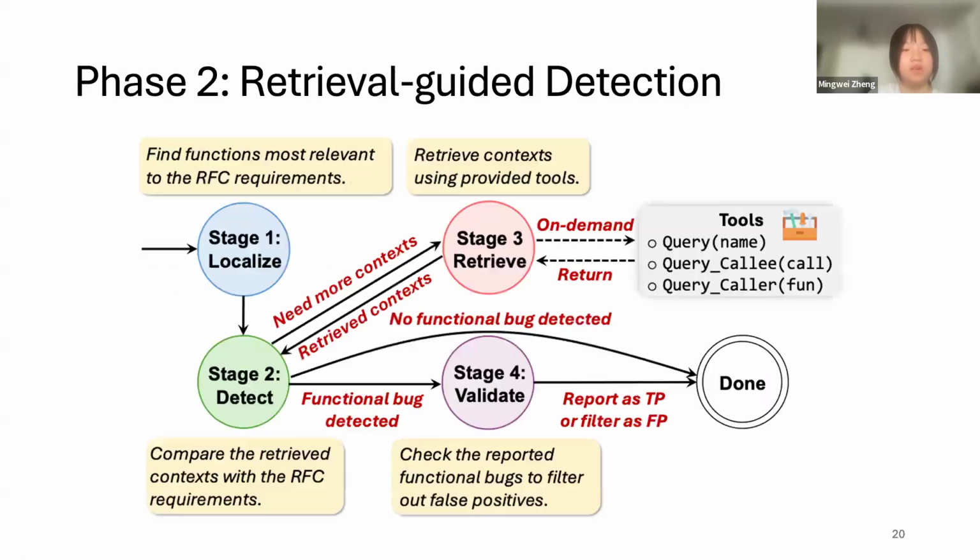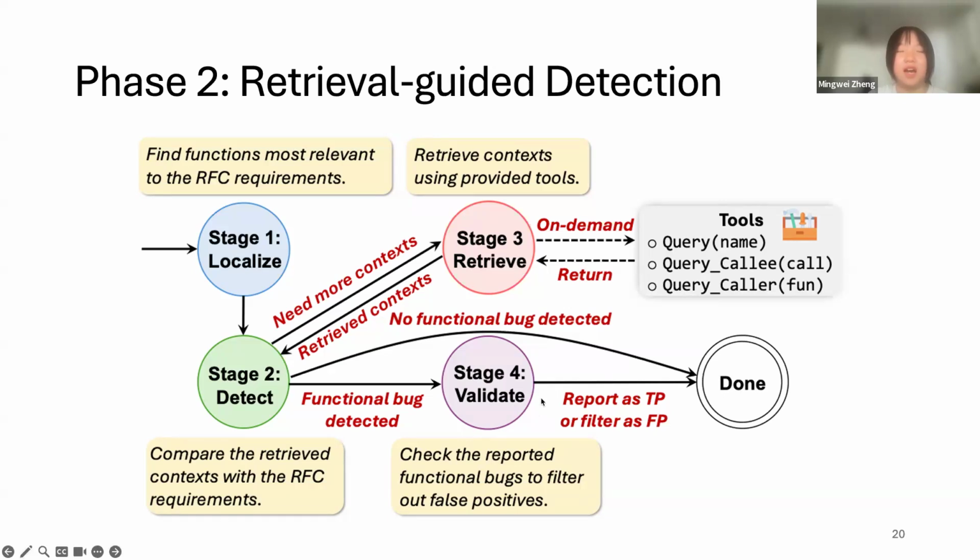This is related to stage 4, the validation stage. As we know, large models always suffer from hallucinations, which have been studied by many prior works.